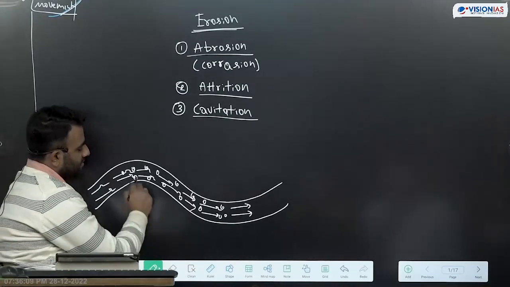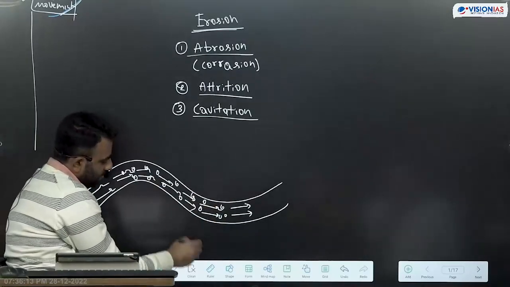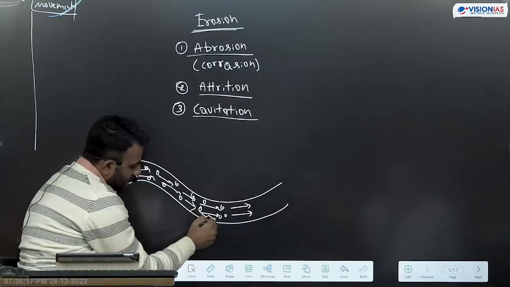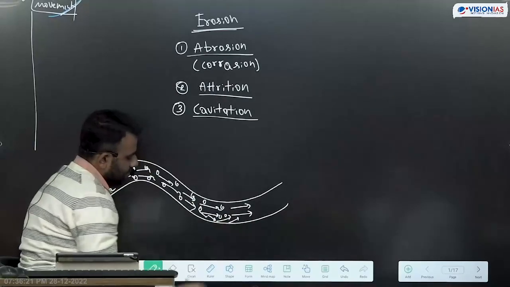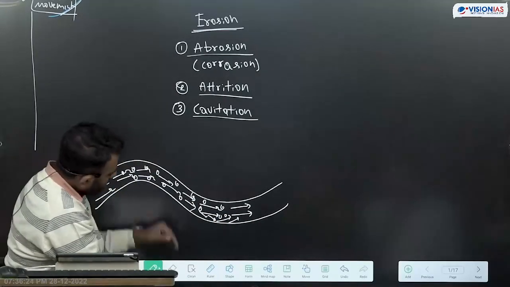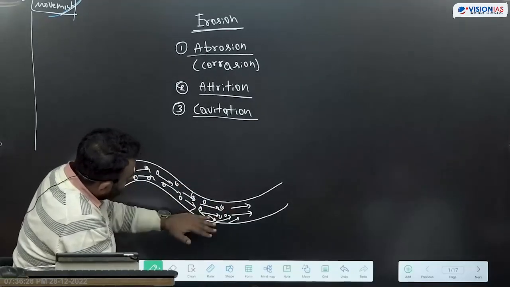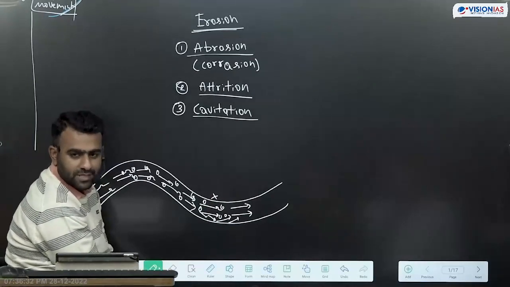So whenever a river is taking turn, what happens? The river hits one side. यहाँ पर है ना, it hits the rocks and it takes turn like this. The water hits the rocks on one side and takes the turn. On the other side of the river bank, यहाँ पर देखो, the water flow is very slow.